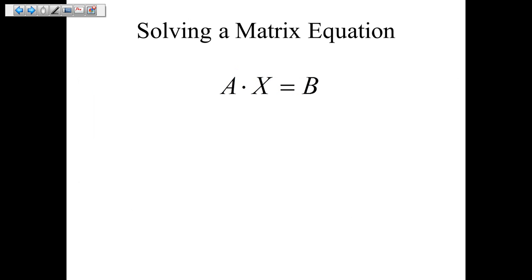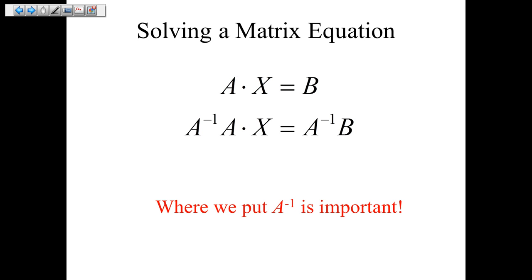So the way that we solve for a matrix equation is we have to multiply by the inverse. Now, where that inverse goes in the equation is important. You'll notice that A inverse is in the front on the left side. That's so that it's multiplying the matrix A. Since A inverse is in the front on the left side, it needs to be in the front on the right side as well.